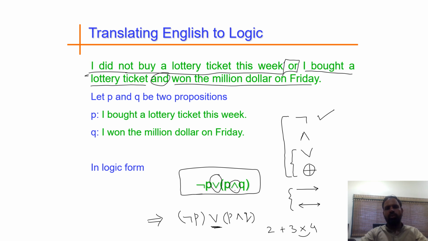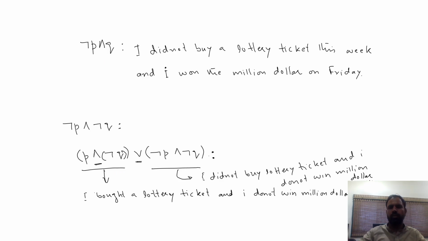In symbolic form, you can write this as: negation P or (P and Q). Negation P means I did not buy a lottery ticket this week.